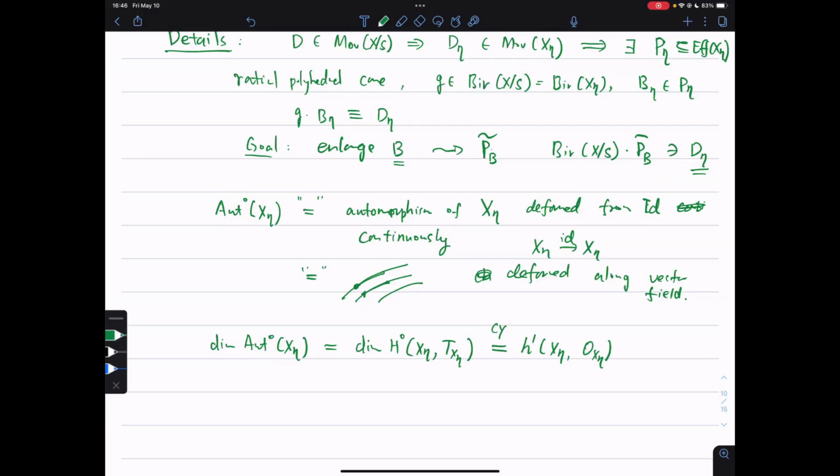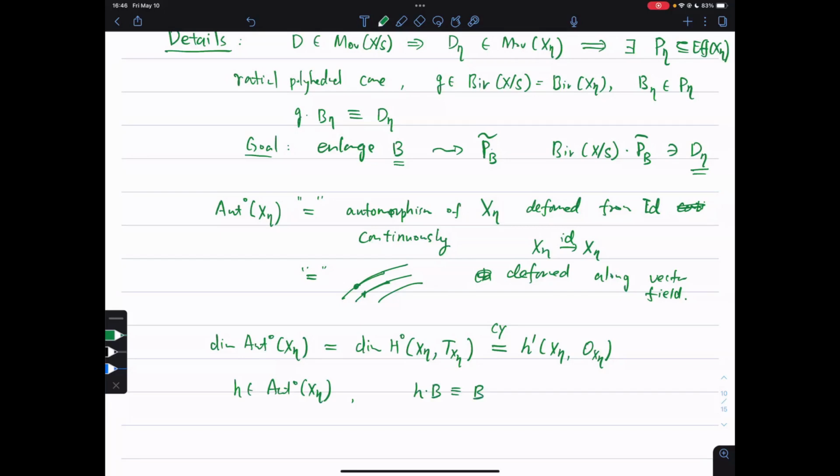Certainly here, it does not make much sense to talk about Hodge duality, but you can make this rigorous. There are some not very difficult arguments to make it rigorous. Also, because this element changes continuously from the identity, it preserves numerical equivalence.